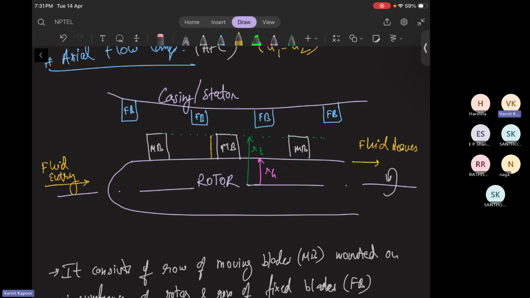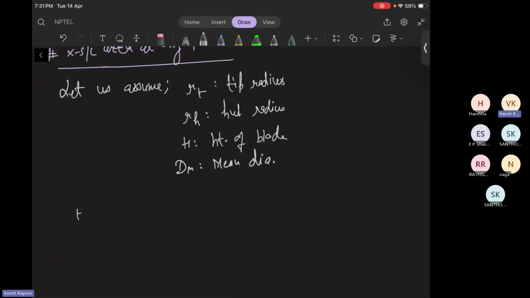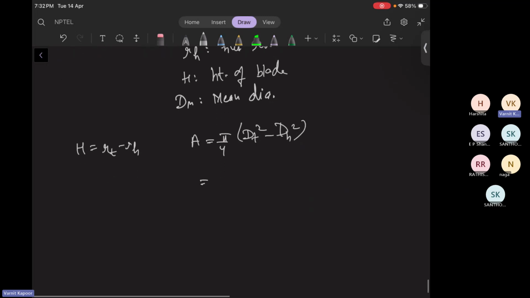This is your H. Therefore, height will be RT minus RH. And in terms of area, it will be pi by 4 into dt square minus dh square. Let us write it by bifurcating it using the a plus b, a minus b formula: (dt plus dh) by 2 into (dt minus dh) by 2.